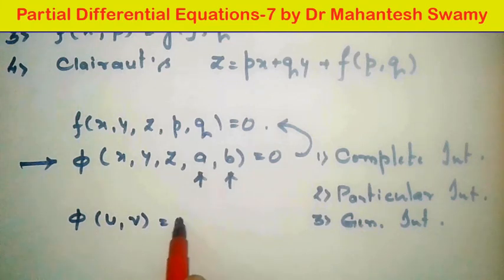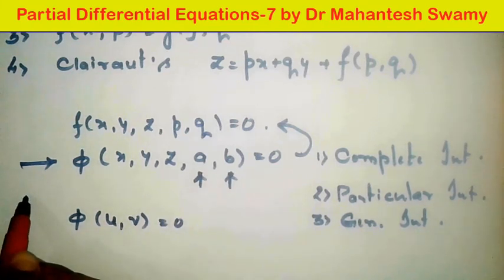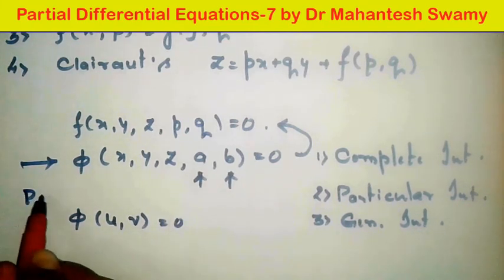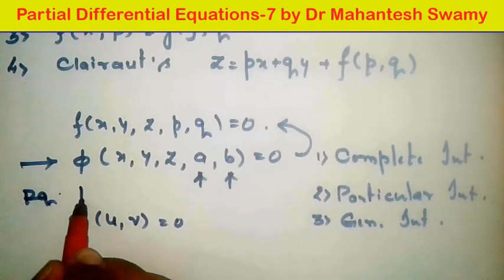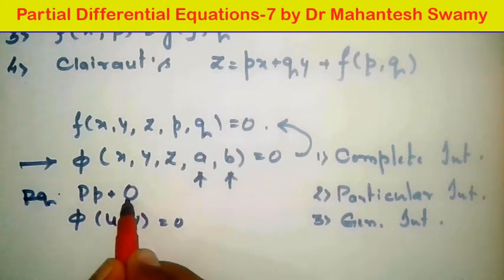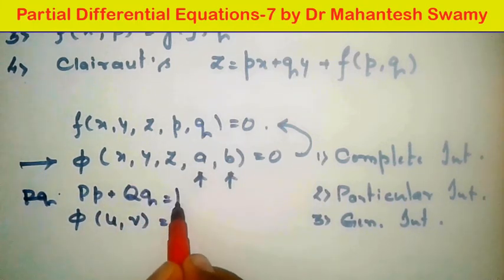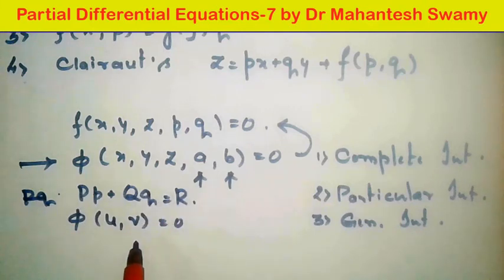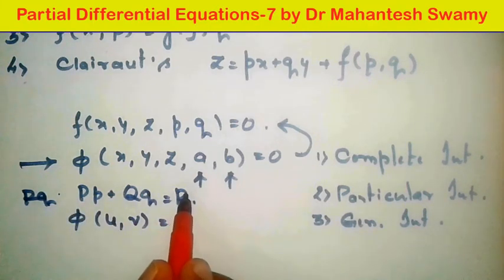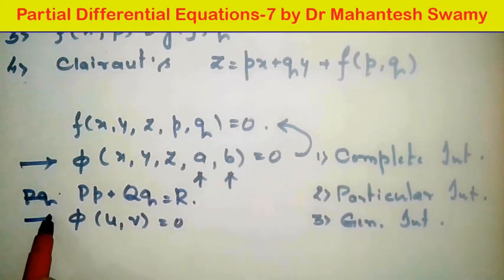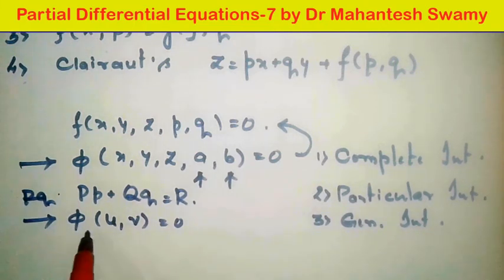We have seen in the case of the Lagrange linear partial differential equation, capital P with small p plus capital Q with small q equal to capital R, which we have studied in detail in the previous videos, that at the end of the solution we obtained a solution of this kind, that is phi of some function u comma the second function v.